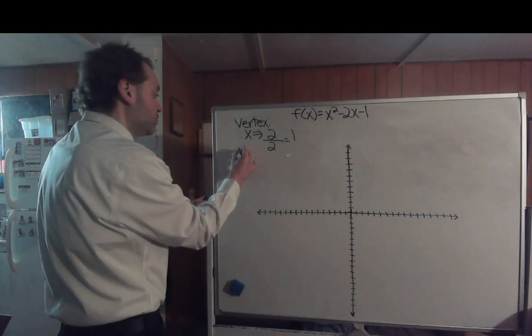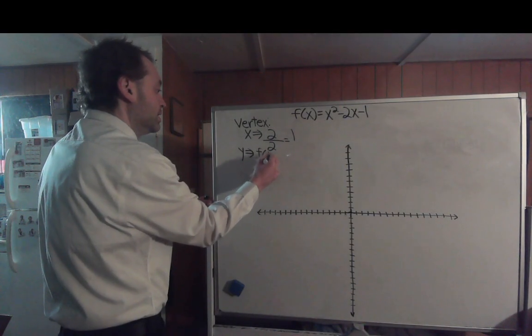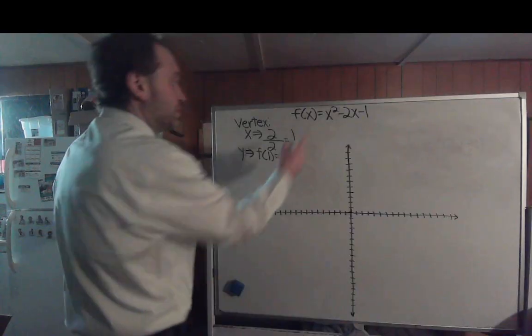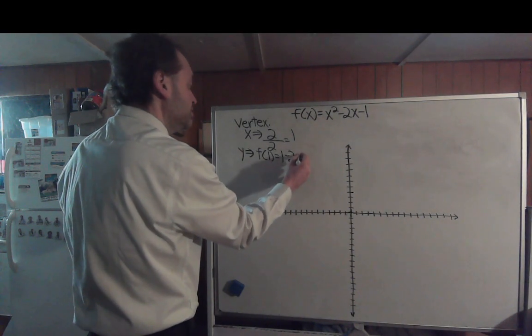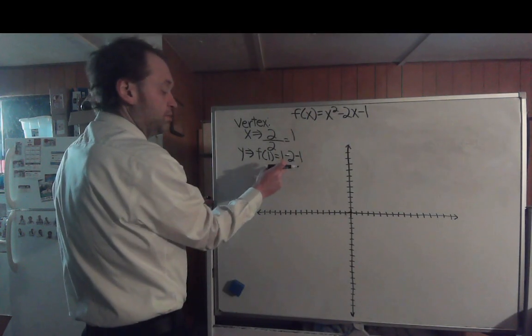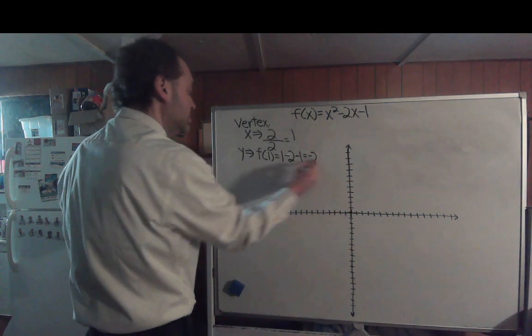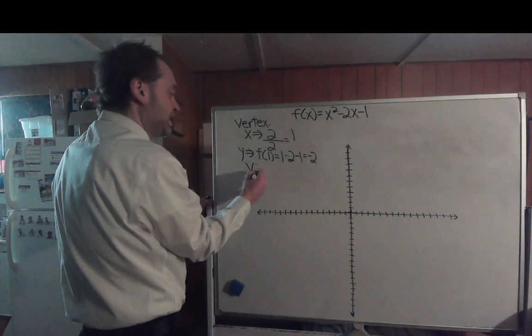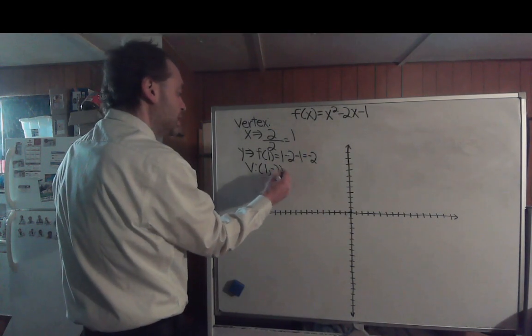Now to find your y coordinate, you just put in f of 1, which is 1 squared is 1, minus 2 times 1, it's minus 2, minus 1. So 1 minus 2 is negative 1, minus 1 is negative 2. So you have a vertex, abbreviated v, at the point 1, negative 2.